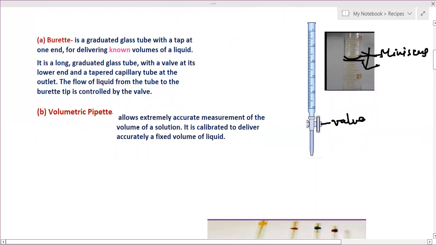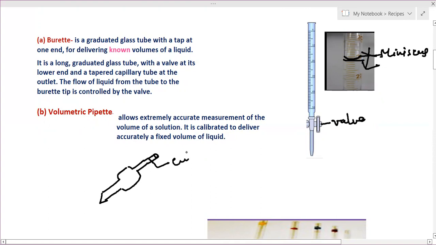What is a volumetric pipette? A volumetric pipette allows extremely accurate measurement of the volume of a solution. It is calibrated to deliver accurately a fixed volume of liquid. Volumetric pipettes are also called bulb pipettes.